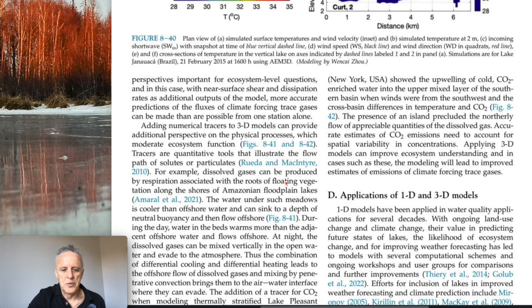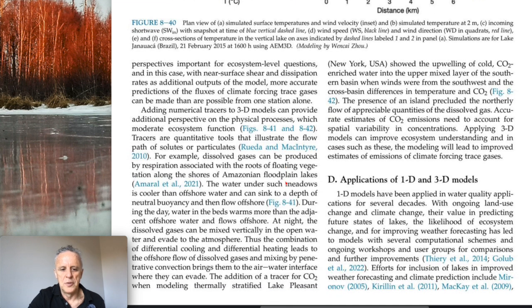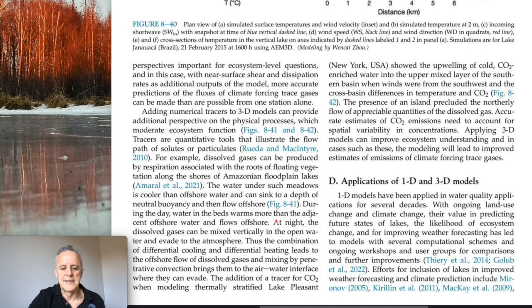Adding numerical tracers to 3D models can provide additional perspective on the physical processes which moderate ecosystem function. Tracers are quantitative tools that illustrate the flow path of solids or particulates. For example, dissolved gases can be produced by respiration associated with the roots of floating vegetation along the shores of Amazonian floodplain lakes. The water under such meadows is cooler than offshore water and can sink to a depth of neutral buoyancy and then flow offshore.